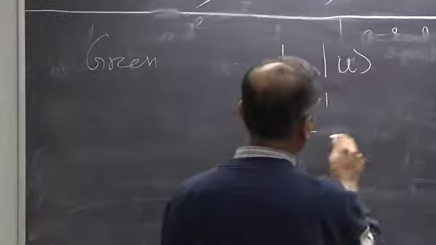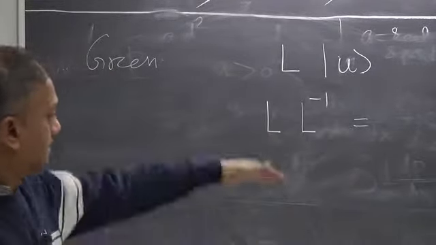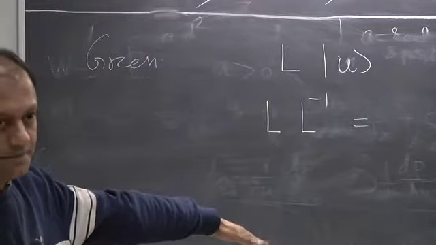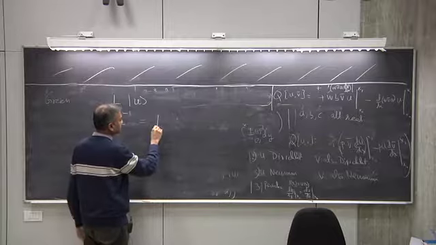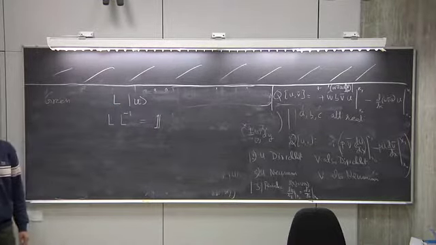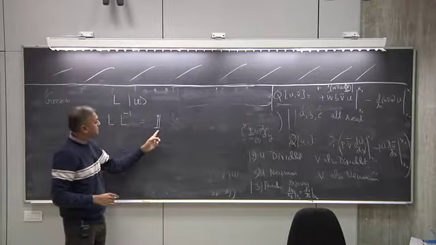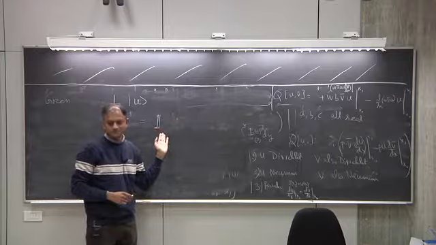Now I'm just giving you some intuitive reasoning. L inverse should be the identity operator. If it is an identity operator, acting on any function it should give you back the same function.